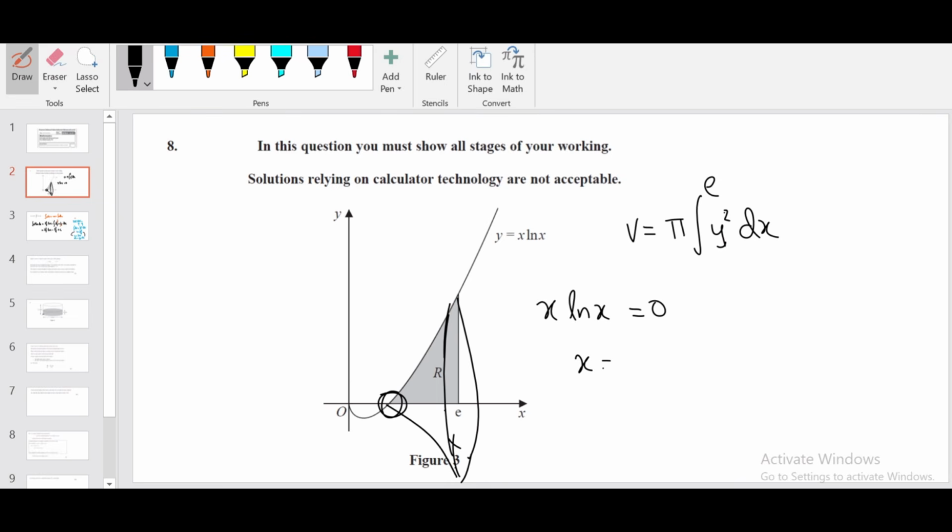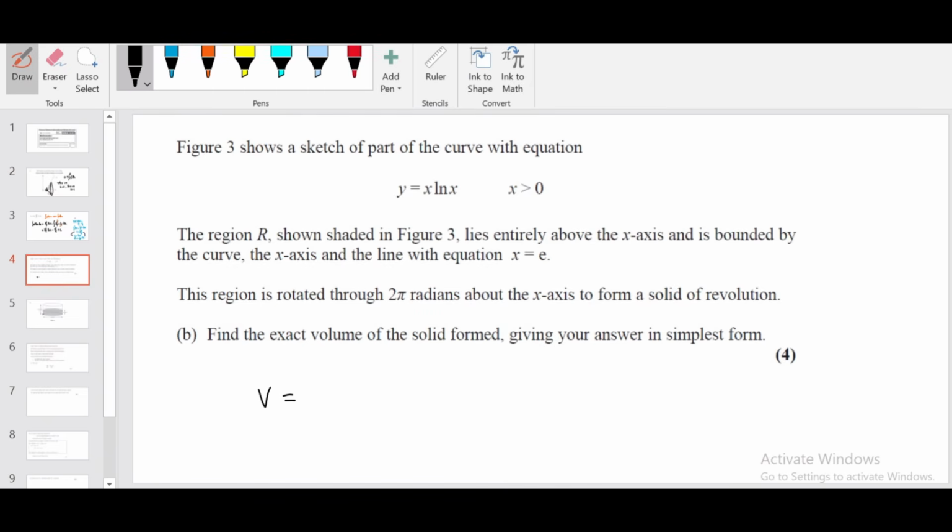So it can be x is 0 or ln x is 0. ln x is 0 when x equals 1. So this point is 1. So 1 to e, that's the formula. Volume is equal to pi integral from 1 to e of y squared, which is x squared ln x whole squared dx.